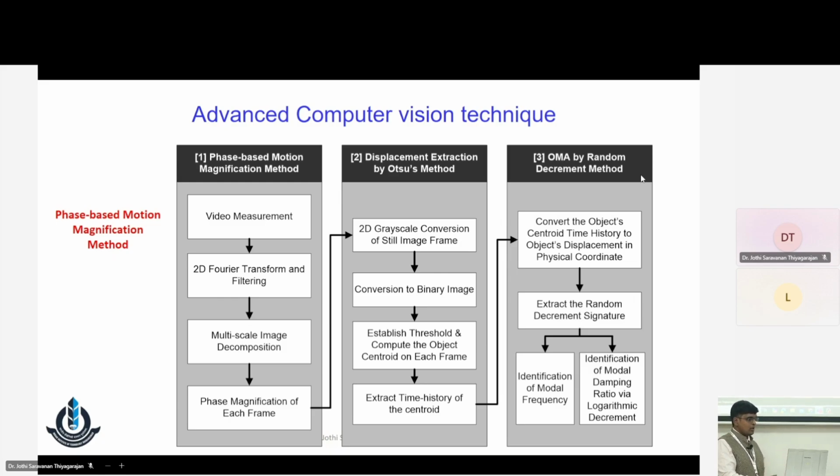So let me go through the flow chart. The first one is the phase-based motion magnification method. Let us try to break this down. What do you mean by phase? You have a signal. When you talk about phase, any idea? Let us come back to the small dynamics part, so just go into the dynamics mode, where you discuss the phase of a signal.